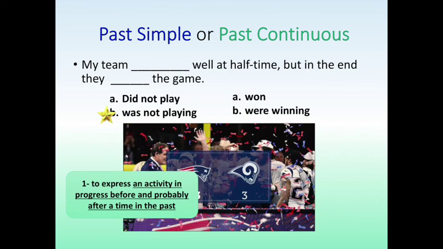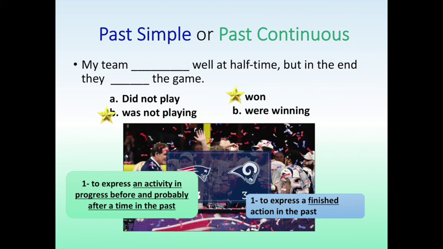Now let's look at the second half. But in the end, they won the game or were winning the game. Here, we want to use past simple. It's a finished past action. And this is a fact.